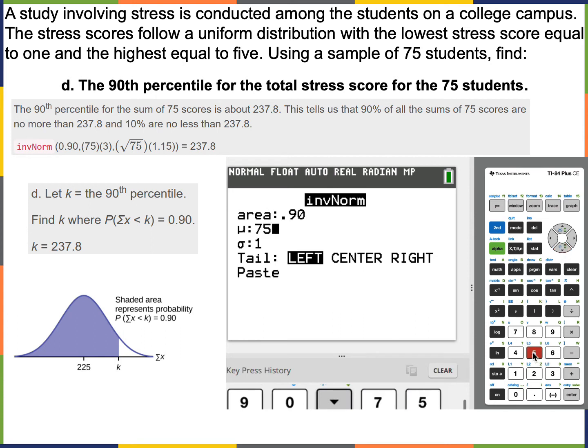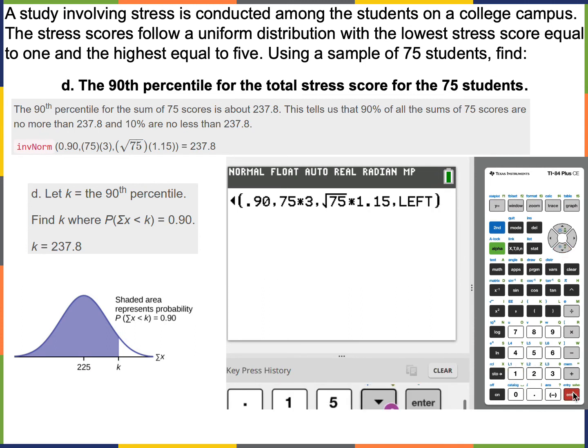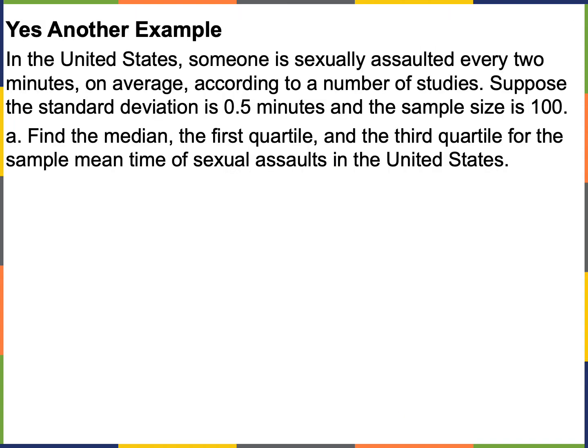So basically this is what we're finding. We're finding k such that P of sigma X less than k is equal to 90%, so right here, okay? So it would be 237.8. That's our 90th percentile.